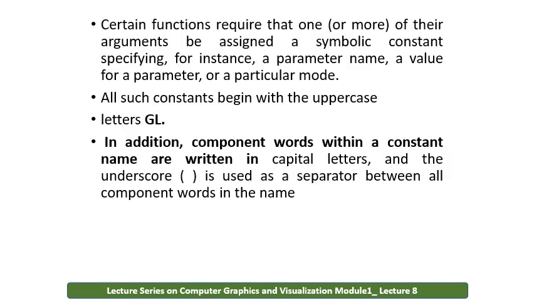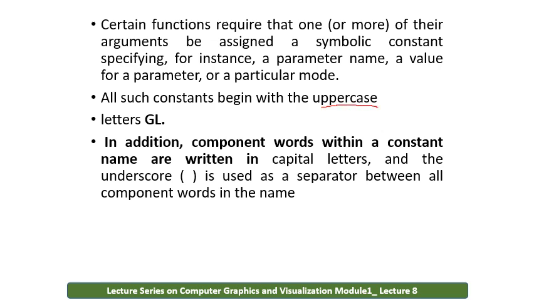There is also a set of functions that require one or more of their arguments to be assigned a symbolic constant, which specifies a parameter name, a value for that parameter, or a different mode. Such constants begin with the uppercase GL.